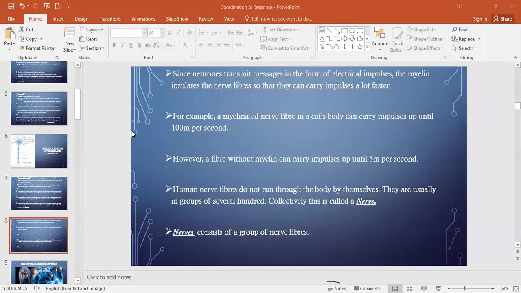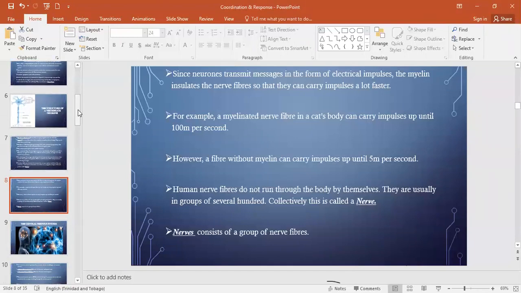All right, so now that we learned a little bit about what a neuron is and all of that, we're going to talk a little bit about the nervous system. What are the two types of nervous system that I mentioned before? Anybody remember? Two types of nervous system.